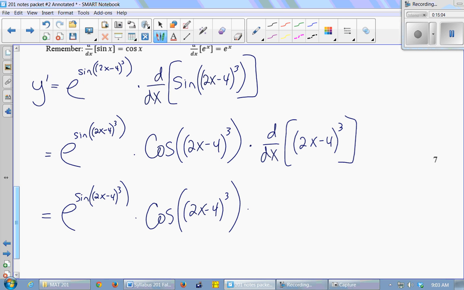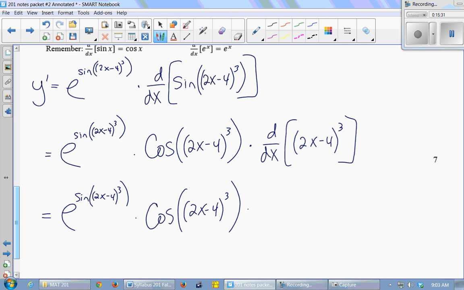Okay, so now if I wanted to take the derivative of (2x minus 4) cubed, how would I do that? The derivative of the outside, evaluated at the inside function, times the derivative. Great. Okay, so what's my outside function? X cubed. So I'm going to take the derivative of the outside, which means bring the 3 down.